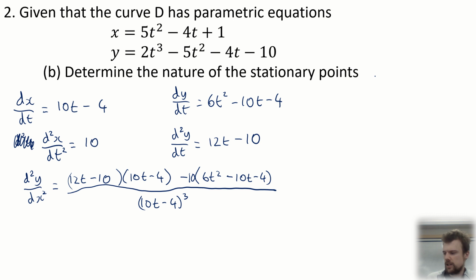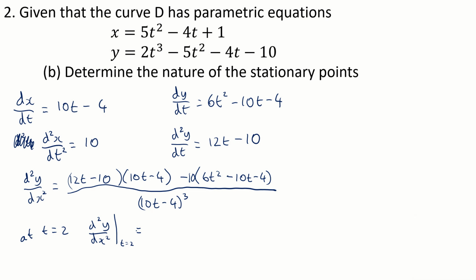So let's go ahead and type those in with our t values. Let's first write that down. At t equals 2, because that was our first stationary point, we are going to plug that all in.